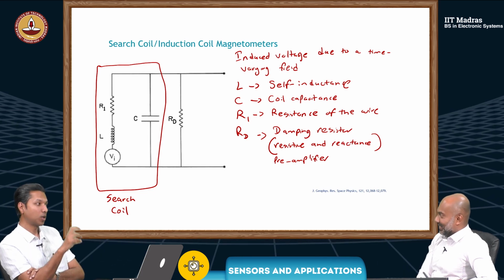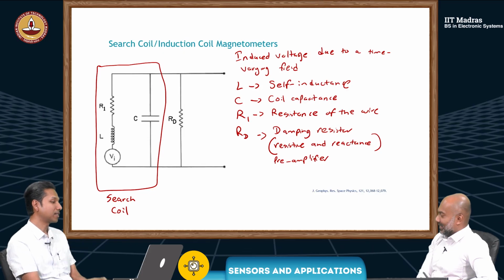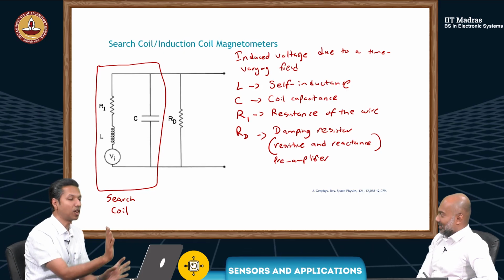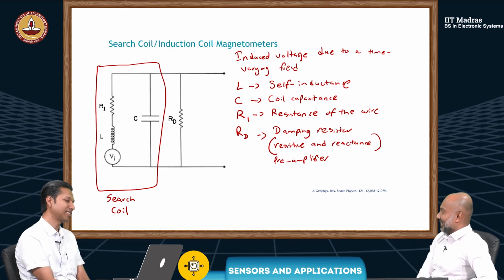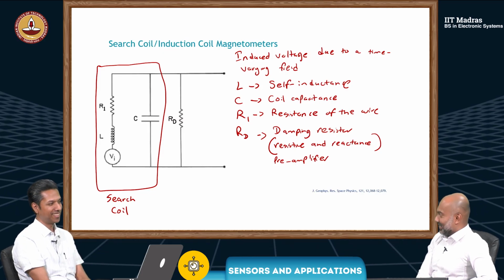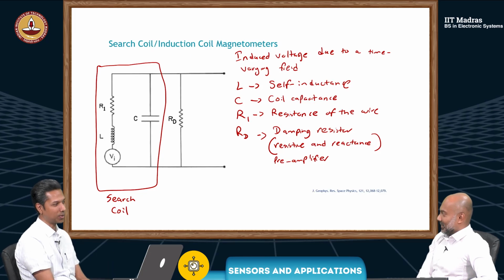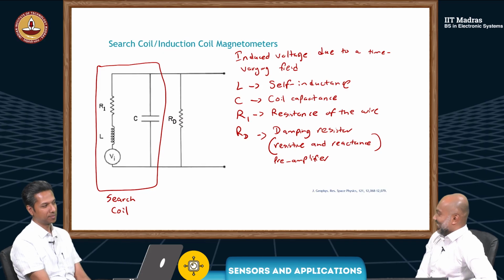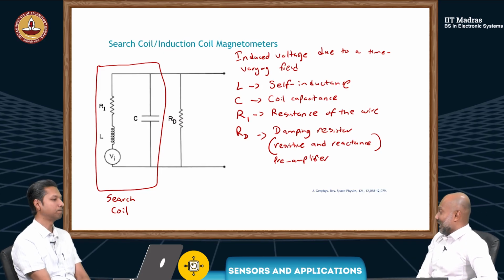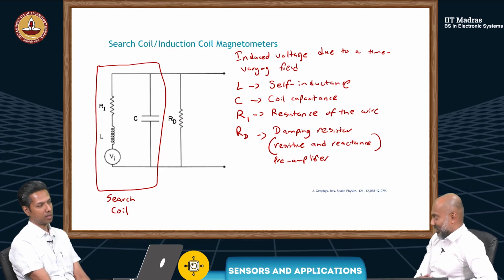The earlier expression assumed that the C is not present, or even L is not. At least if the C is not present, then there is no current flow. If RD is also not there, then maybe it is fine. But in reality, all these are there, and we cannot ignore them when we're designing a surge coil.